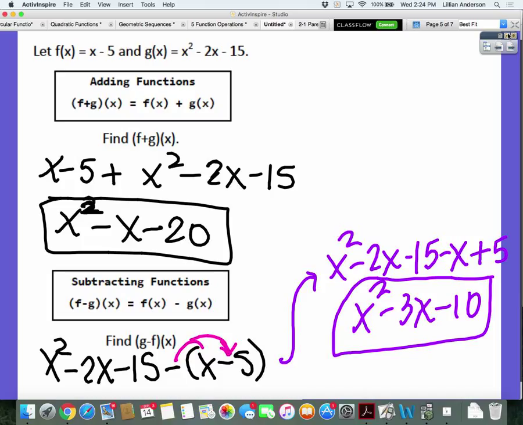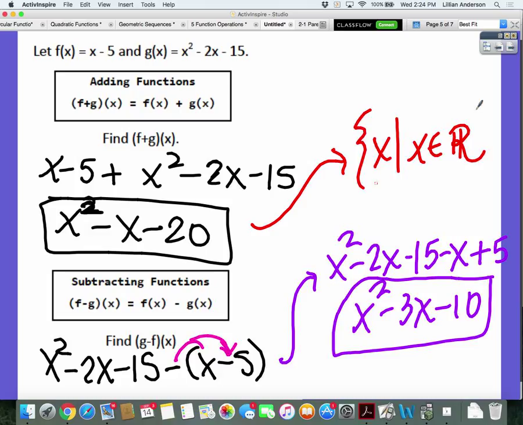And what's the domain of a quadratic? It's all reals. How do I write that in set notation? Aaliyah? X such that. Very good. And what do I need around this? Curly. Very good.